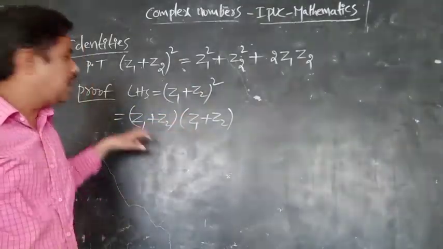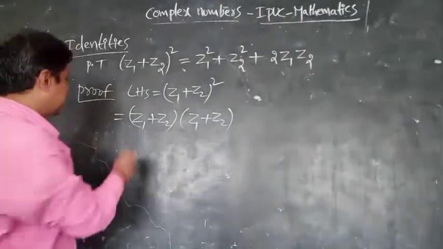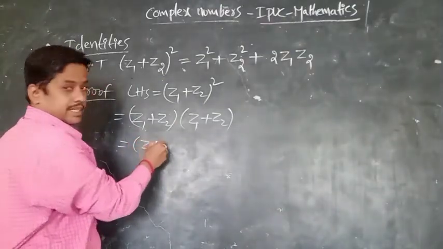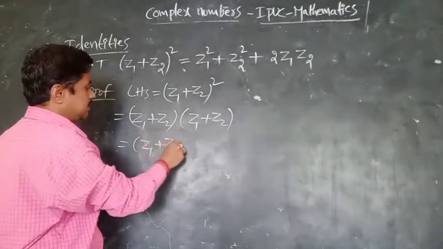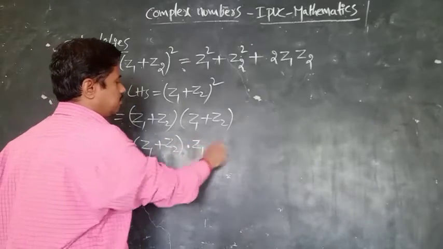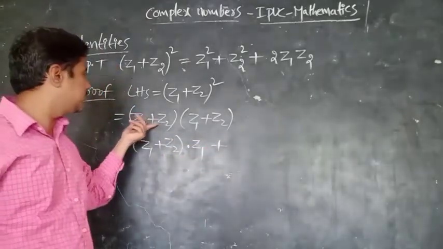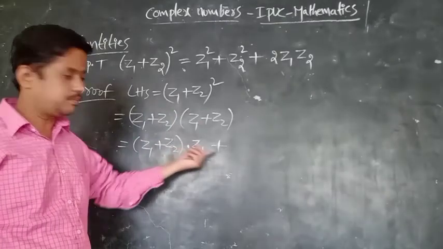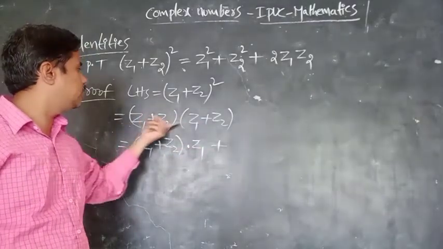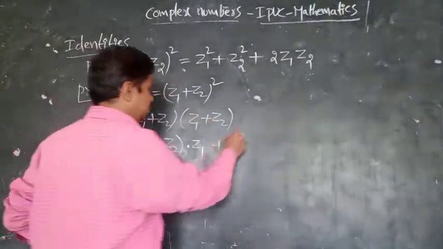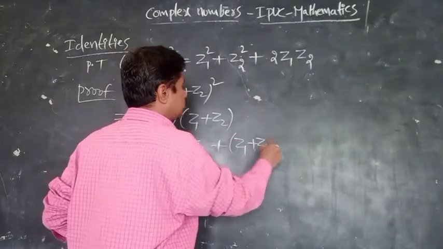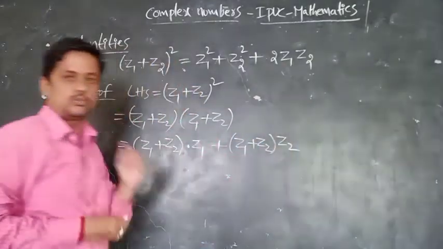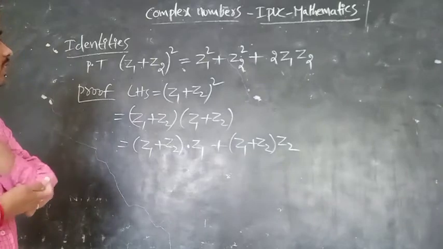So apply the distributive law: (Z1 + Z2) into Z1, plus (Z1 + Z2) into Z2.